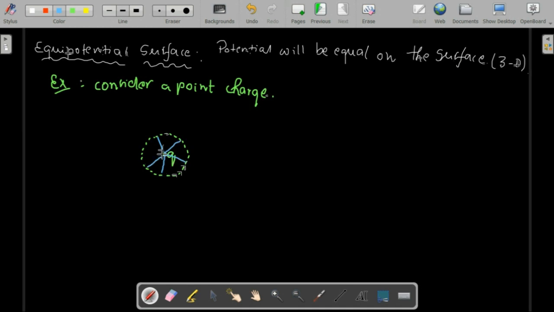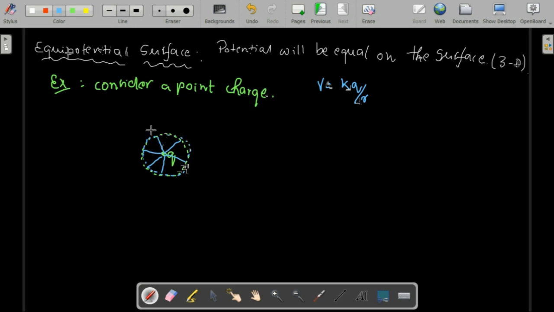The potential will also remain the same, because we know the potential formula is kq by r. That means it is at equal distance, and the charge is constant. K we know is 1 by 4 pi epsilon naught. So whatever point you take on this circle, everywhere the potential is going to remain the same.